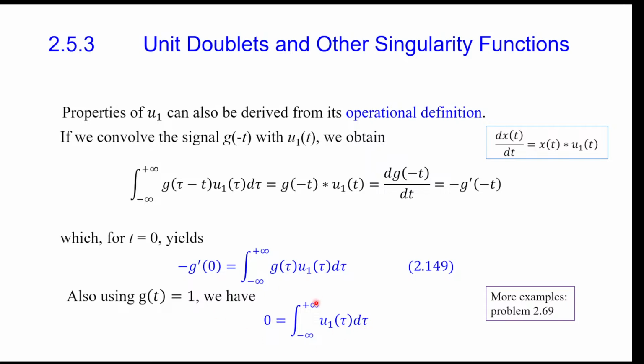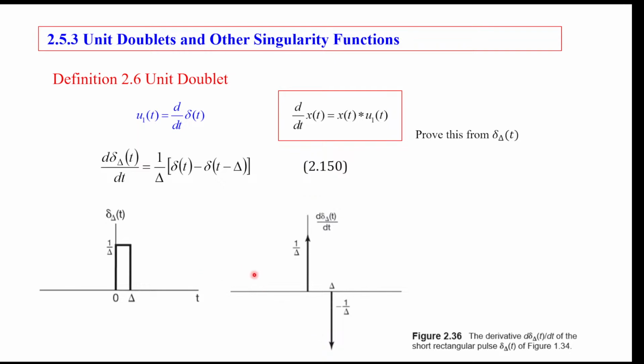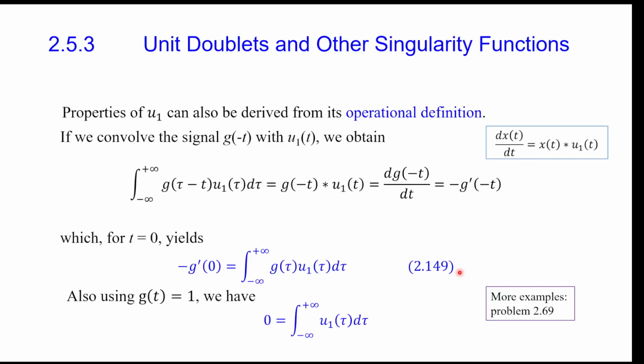And that fits the intuition of the picture here. If you take the integration of this thing from minus infinity to plus infinity, you get 1 over triangle here, and minus 1 over triangle here, and then you get 0. And there are more properties that you can get by looking at problem set 2.96.